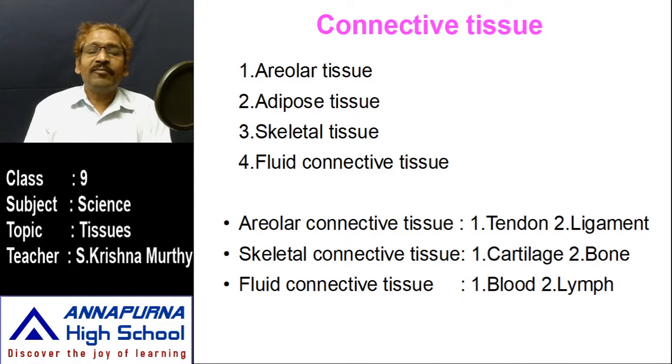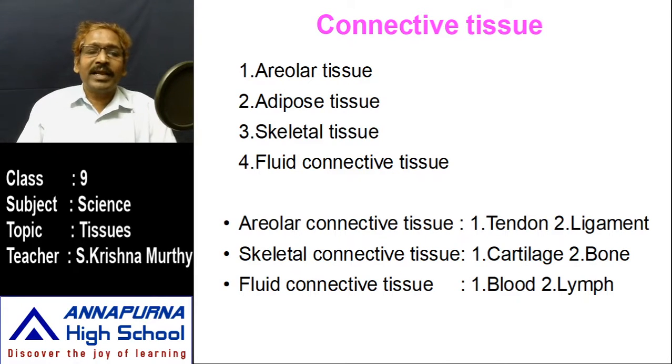Here, fluid connective tissue: blood flows all over the body along with blood vessels, and lymph also flows all over the body along with lymph vessels. So our animal body has two kinds of systems to transport material: blood along with the circulatory system, and lymph along with the lymphatic system.